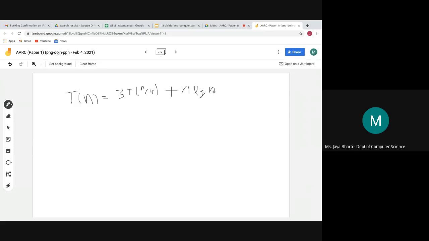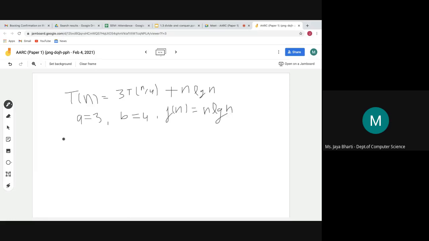Okay, so a ki value hai 3, b is 4, and f of n is n log n.